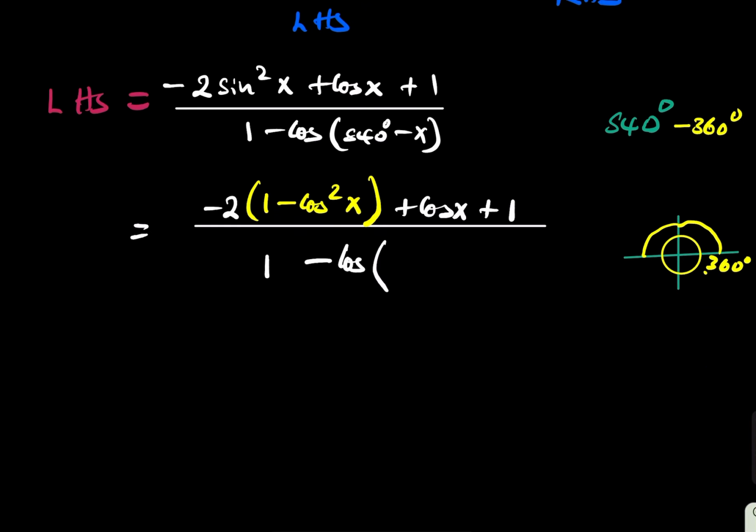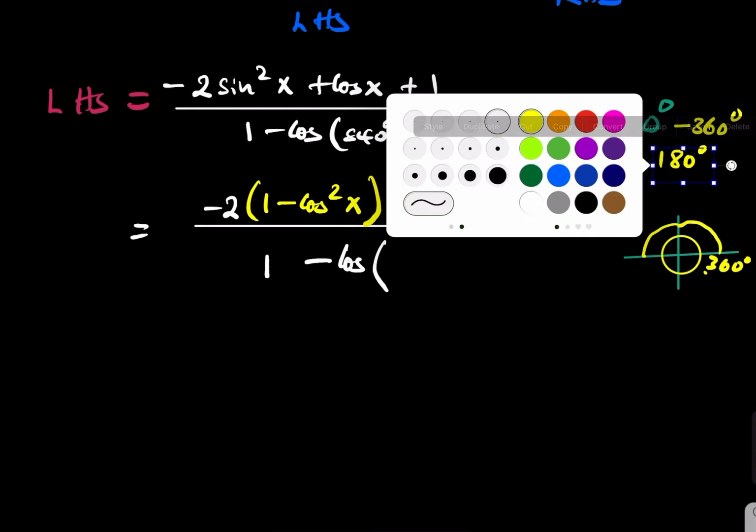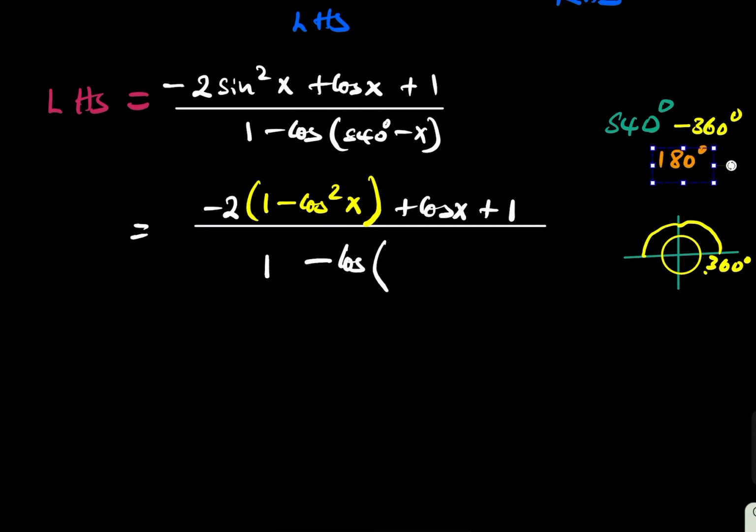So let me do that in my calculator. 540 minus 360, we get 180 degrees, which falls within the first revolution. So now I'm also going to copy that result and put it here, and then I have minus x, such that I can deal with that.